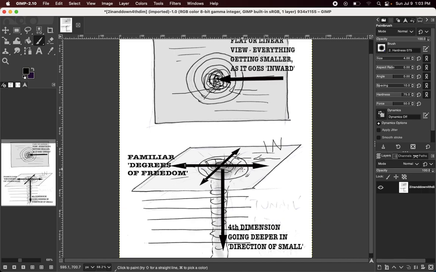But at some point, and we'll make this a little thicker, at some point as we're going in, when we reach the subatomic realms, we're curving in a fundamentally different direction. So that's what's hard to imagine, but this is actually what is in the mathematics.